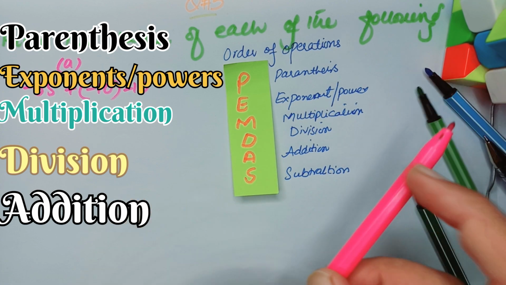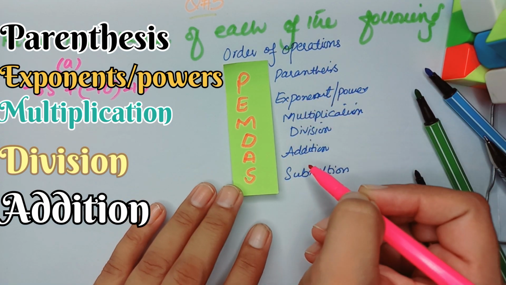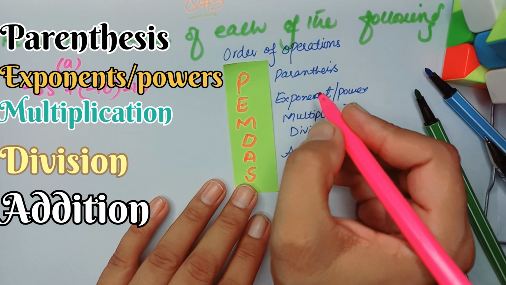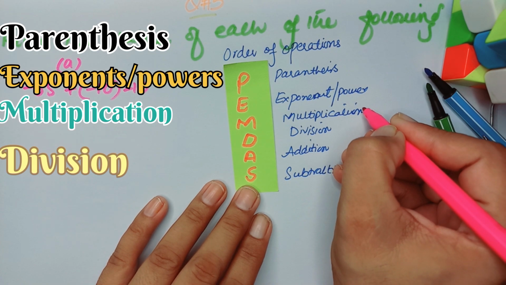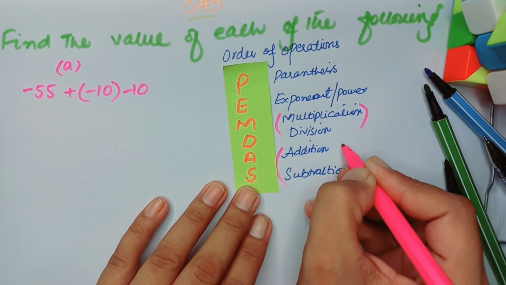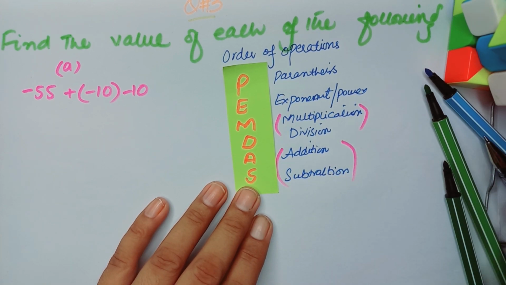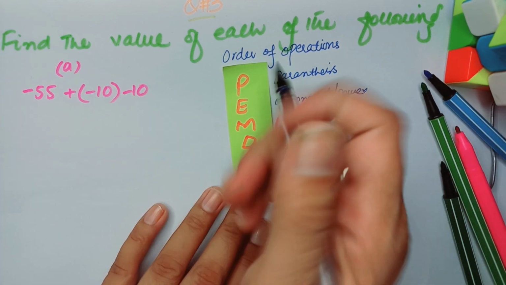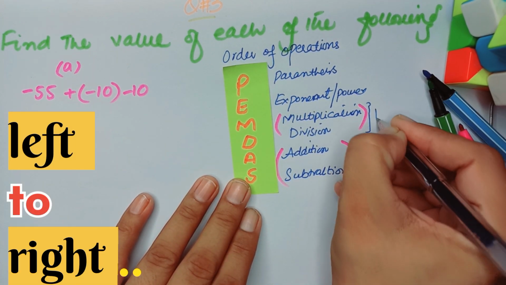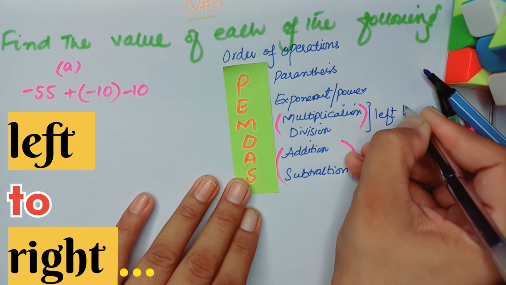Dear students, in this order we have to perform the operations. Now multiplication and division, and addition and subtraction are in pairs, and we will solve multiplication and division left to right.